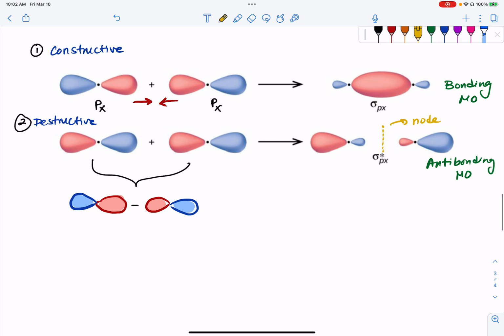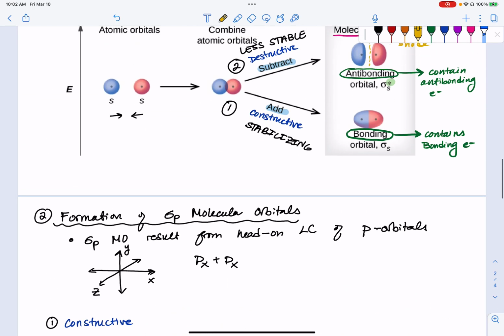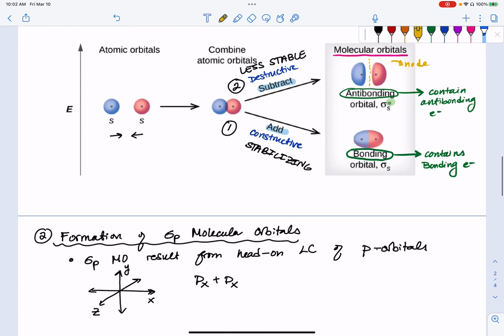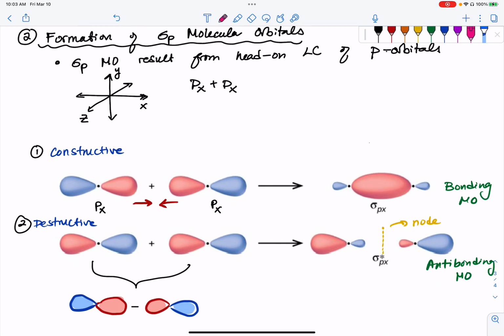And this is the primary means that atoms have in molecular orbital theory of forming single bonds. So they can form sigma s MOs or sigma p MOs, where this is our resulting molecular orbitals here from our initial atomic orbitals, our px orbitals.